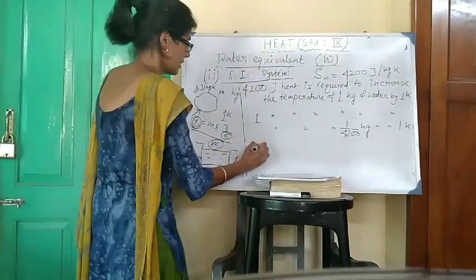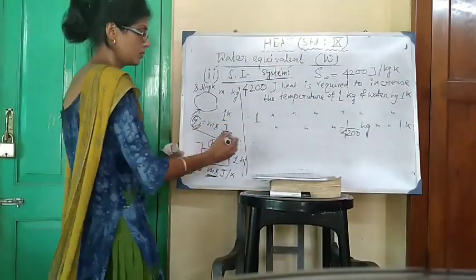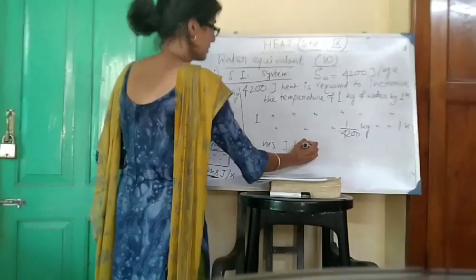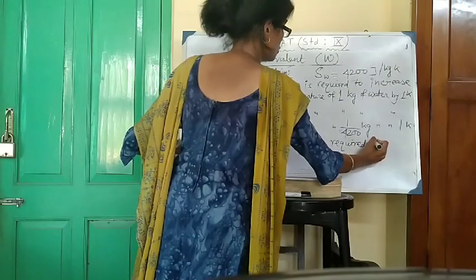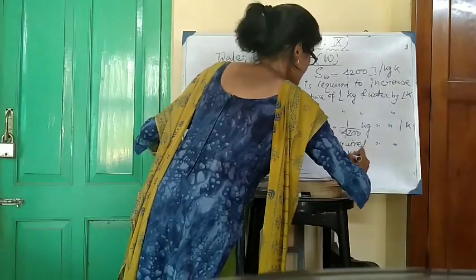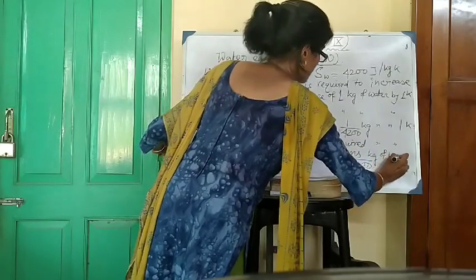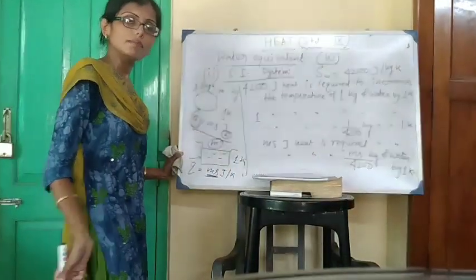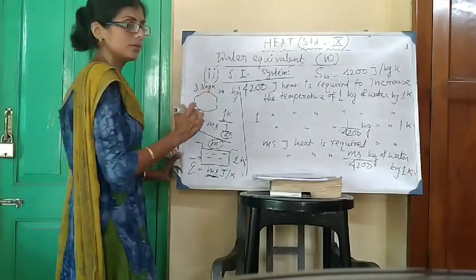Okay, so we are supplying the heat ms joule per Kelvin in water. So you can write ms joule heat is required to increase the temperature of ms by 4200 kg of water by 1 Kelvin. ms joule heat is required to increase the temperature of the body by 1 Kelvin.